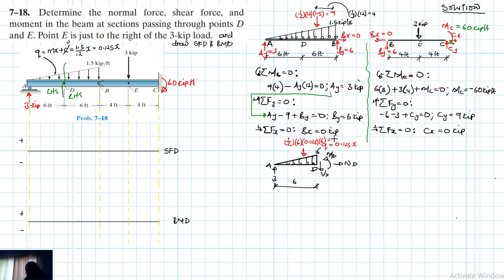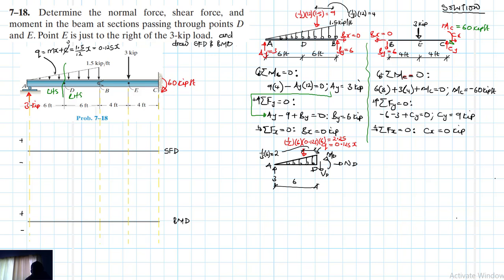And then this gives us 2.25, right? Okay, so 0.5 times 6 times 0.125 times 6. Alright, 2.25. And the location of this load is at 1/3 of 6, which is just equal to 2.